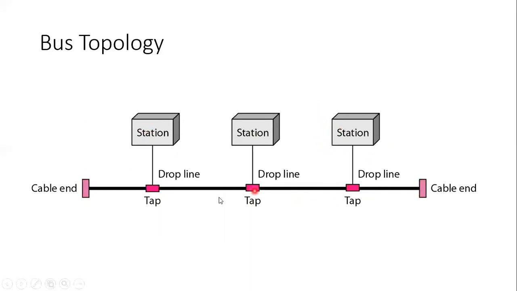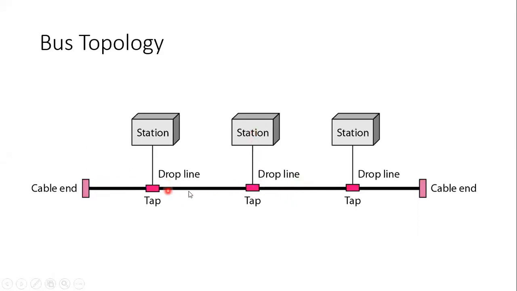Then another disadvantage in the bus topology is that it is difficult to reconnect and isolate faults. Suppose there is a puncture in a particular place, then the communication stops at this station.